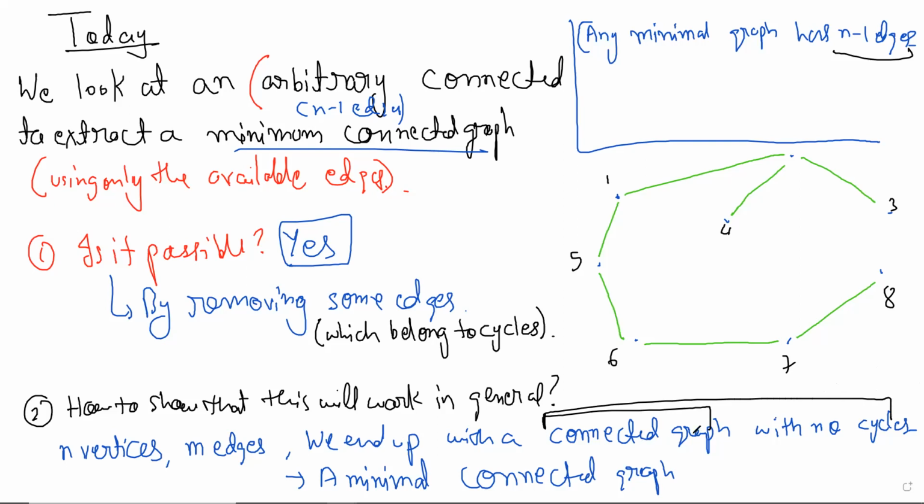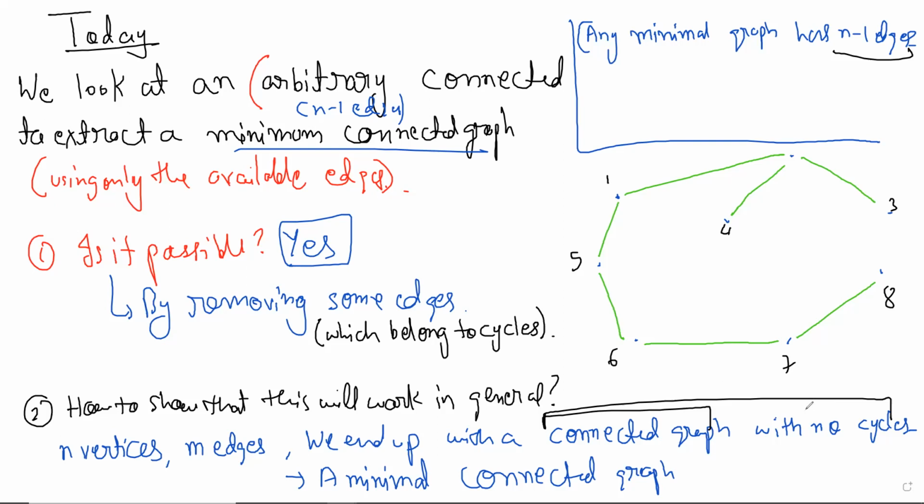It's a theorem that you can quote, but it depends on what exam it is. That's why we want to understand it in all possible ways. It's a fact that any connected graph which does not have any cycles will have n minus 1 edges.